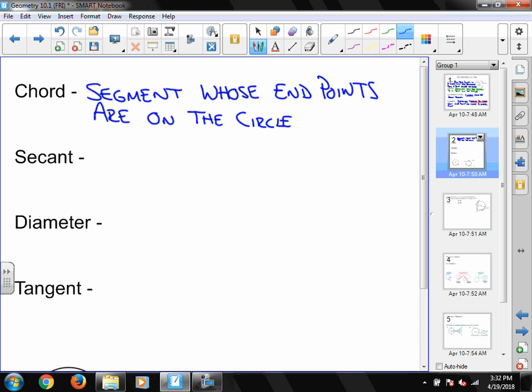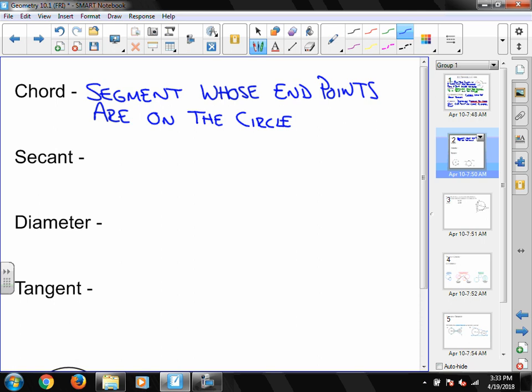So the diameter is a special type of chord because its endpoints are on the circle. However, a chord in general does not have to pass through the center. So that's just a special trait of a diameter. If it goes from one side of the circle to the other, that is just a chord. Diameters pass through the center.